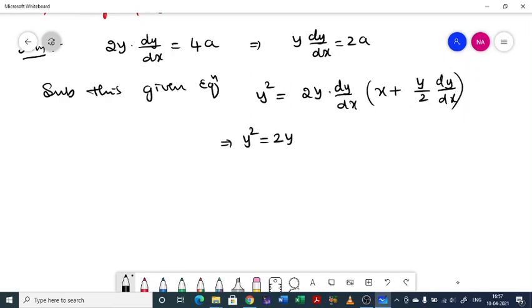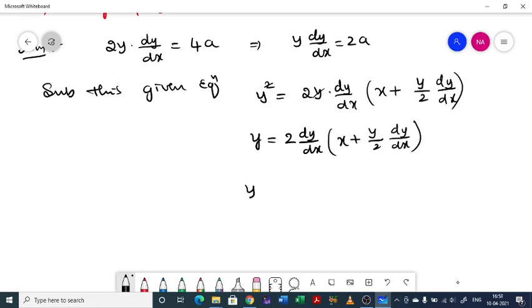So now this will be y square equal to 2y. Here one term we can cancel, yes. So cancelling this we will be having y equal to 2 dy by dx times x plus y by 2 into dy by dx. So this will be y equal to 2x into dy by dx plus y into dy by dx all square.